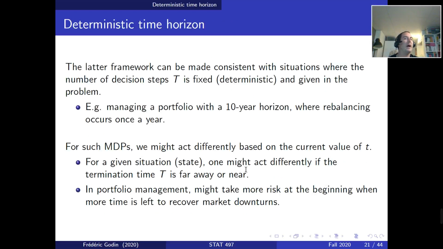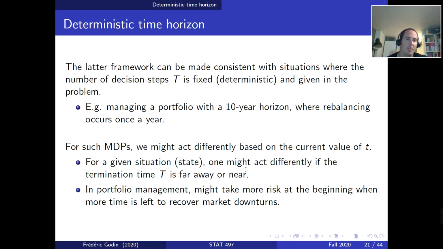In practice, there are some Markov decision problems or processes where the time horizon is finite. You want the experiment to last exactly, for example, 10 time steps or 10 years, so this capital T must be fixed. You will never go beyond that time.